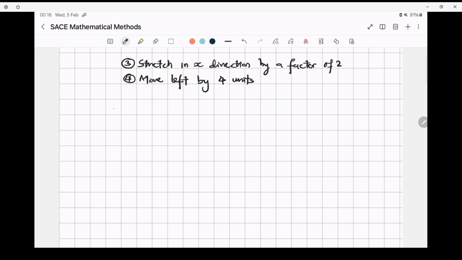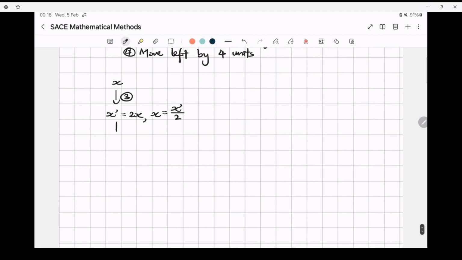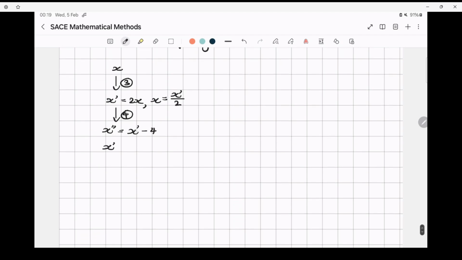let's begin with x. After you've gone through the third transformation, x prime will be equal to 2x, or x is x prime over 2. Then you go through the fourth transformation, so your x double prime will be equal to your x prime minus 4, and your x prime is 2x.